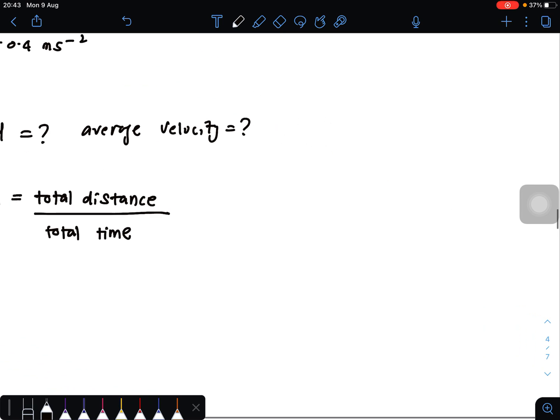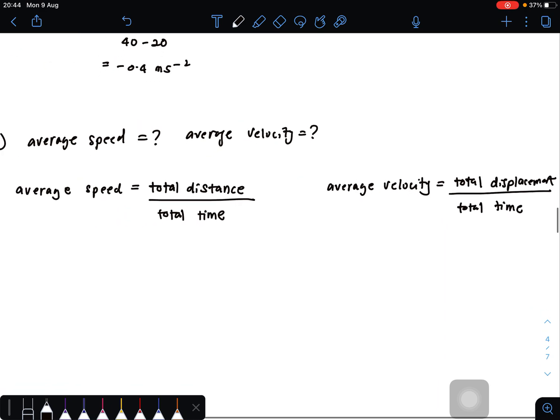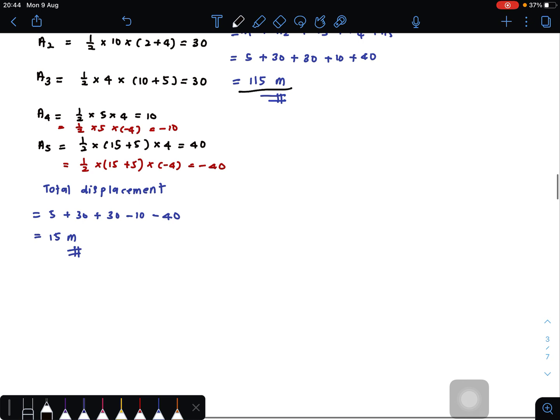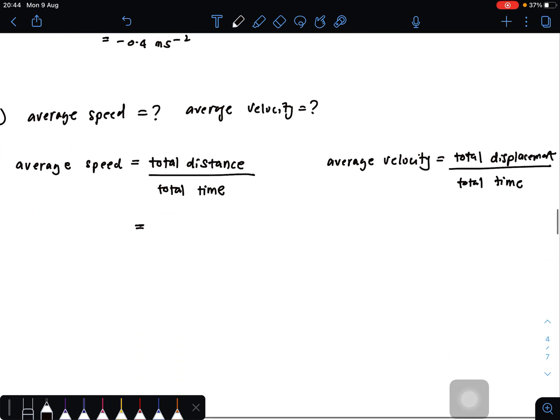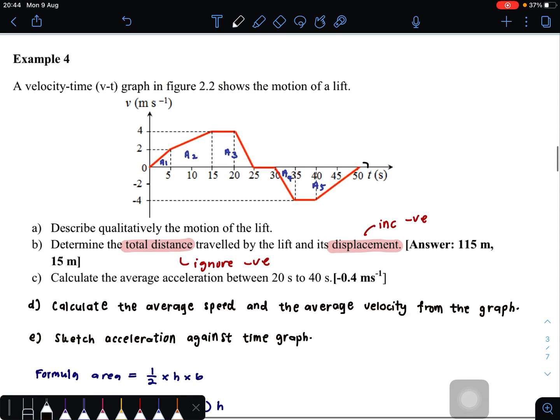And average velocity is the total displacement divided by total time. Okay, so this one we already calculated just now. Total distance is equal to 115 meter, and total time is equal to 50 second.